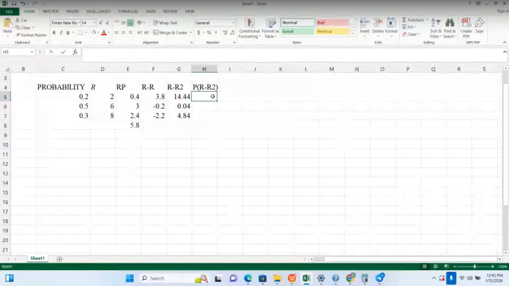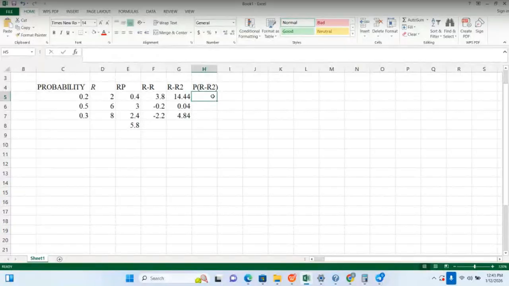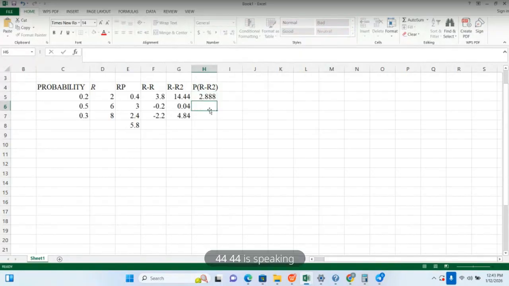14.44 multiplied by 0.2. What do you have there? That's 2.888. The next one is 0.04 times 0.5, that's 0.02.